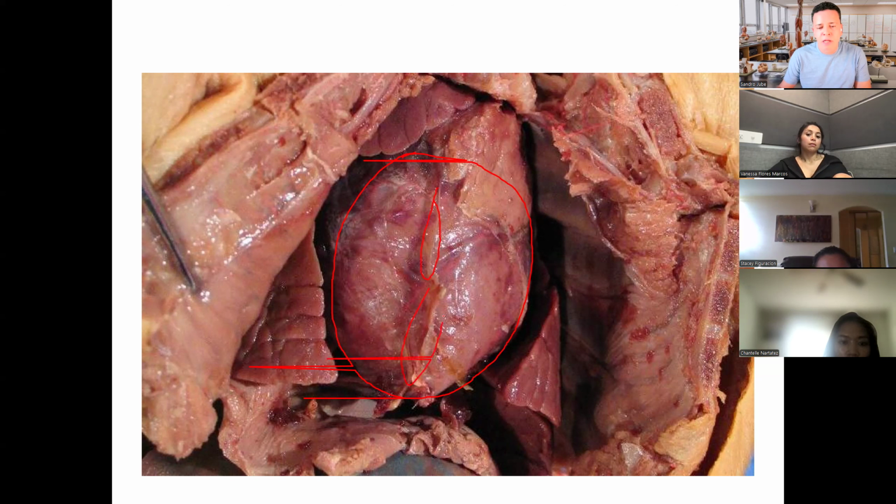This is the pericardial membrane, okay, which is the membrane that surrounds the heart and which is going to form the pericardial cavity. Now, there's also the pleural membrane on top of the lungs, covering the lungs, but the pleural membrane is a lot thinner than the pericardial membrane. The pericardial membrane is very thick, very tough, okay?